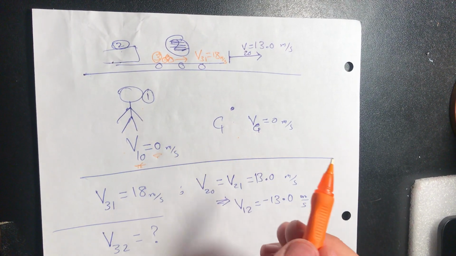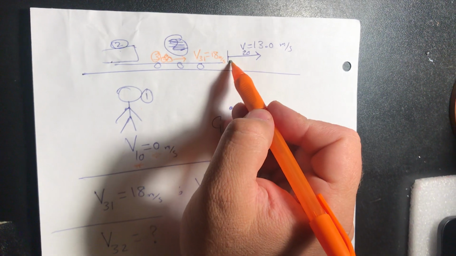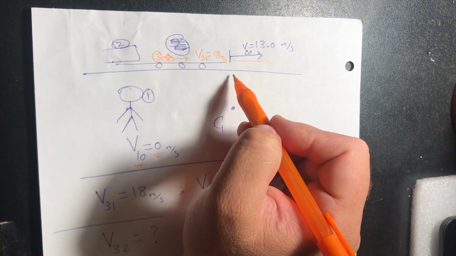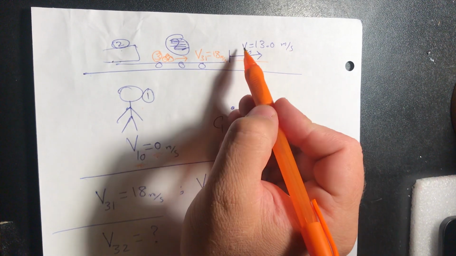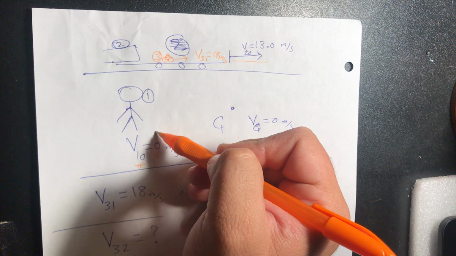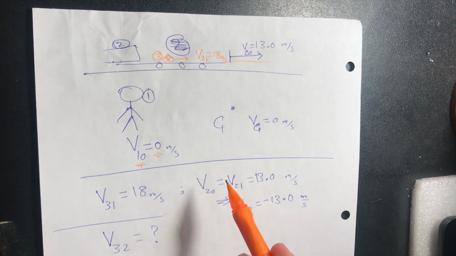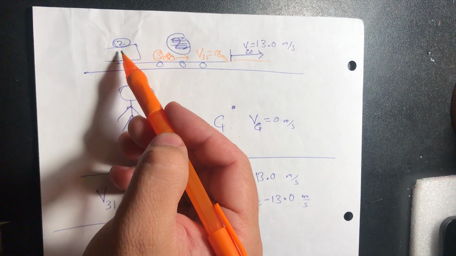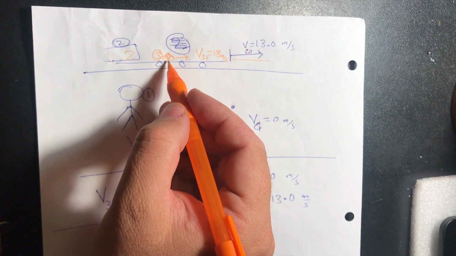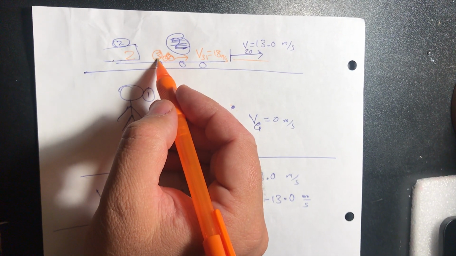The velocity of the train is equal to 13 meters per second with respect to the ground and also with respect to the same person. So V2 is the train, and I name the motorcycle above the train number 3.